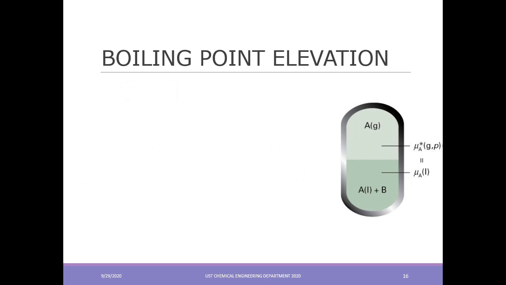Now let's discuss them one by one. To study the boiling point, we consider the equilibrium of the vapor solvent A with the solution of solvent A and solute B. Recall that for systems in equilibrium, the chemical potential of one substance should be equal in all phases of the system.